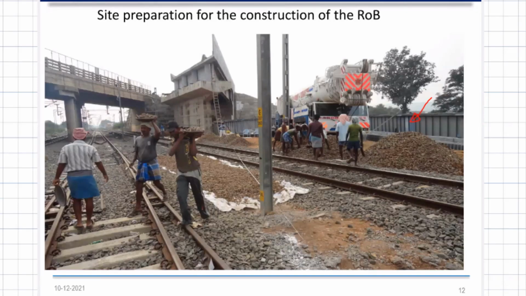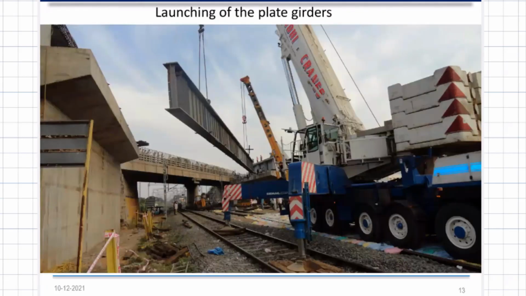So imagine here, this is where my bearings are going to come. Okay, next, I have put the bearings. I lift one by one. There are 2 edge girders and 3 middle girders. So we will lift each one and put it in place, right? This is one lifting.